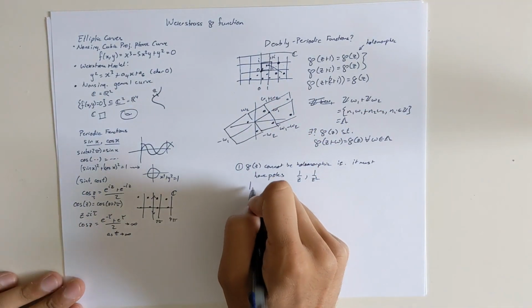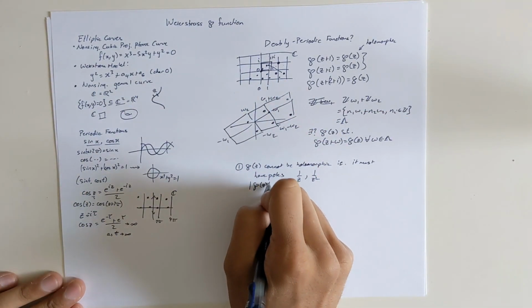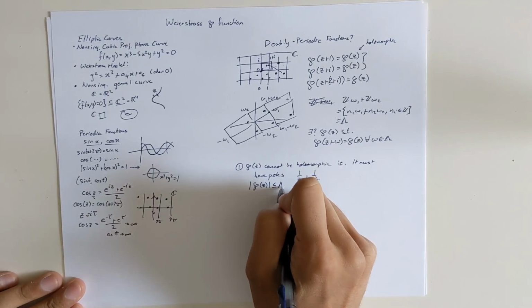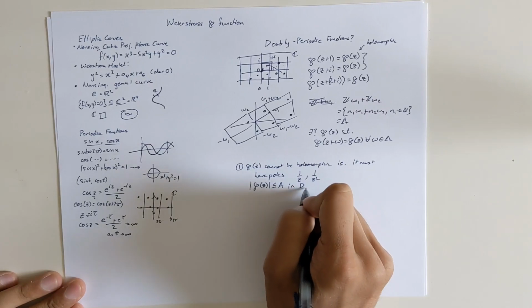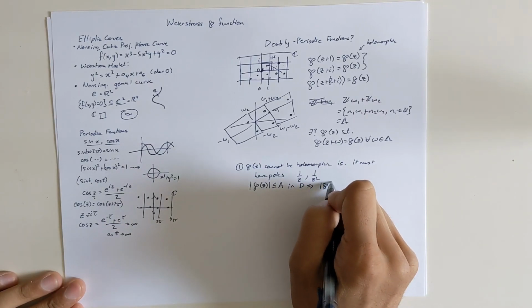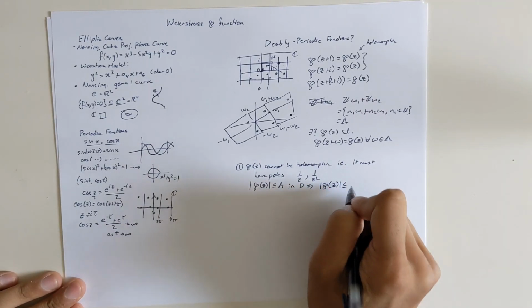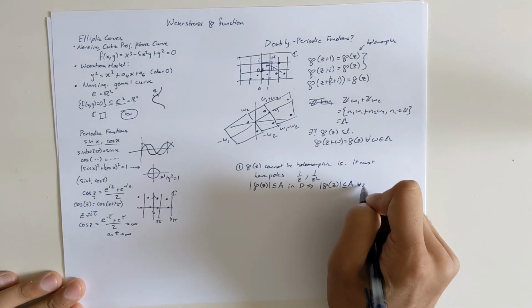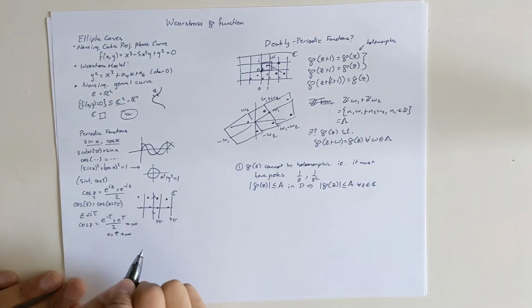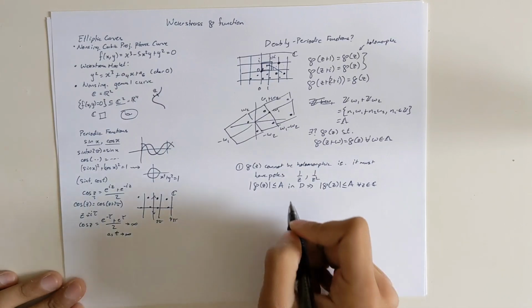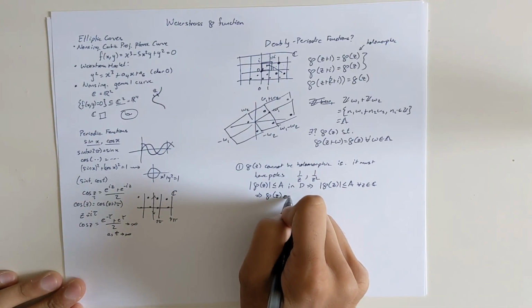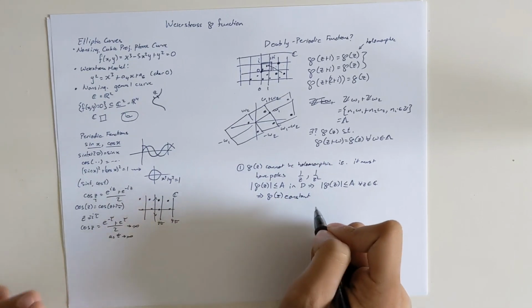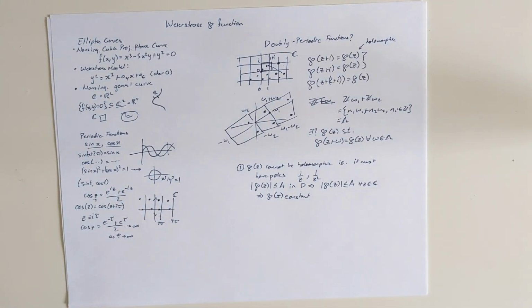What that means is that the absolute value of P of Z is less than or equal to A in, let's give this fundamental domain a name, let's call it D, implies that P of Z is less than or equal to A for all Z in C. By someone's theorem whose name I'm forgetting, but I really shouldn't be forgetting, this implies that P of Z must be constant. Because if you have an everywhere bounded holomorphic function, then that function has to be constant. This is a theorem from complex analysis.